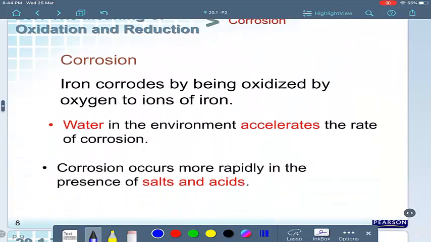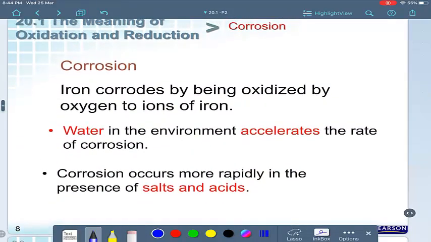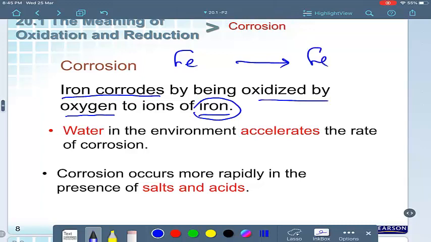Now we have something called corrosion. If iron corrodes by being oxidized, you know, it's oxidized by oxygen, it changes into an ion of iron in a compound. It means if you have iron, Fe, it changes into iron oxide, for example, Fe2O3, iron(III) oxide.